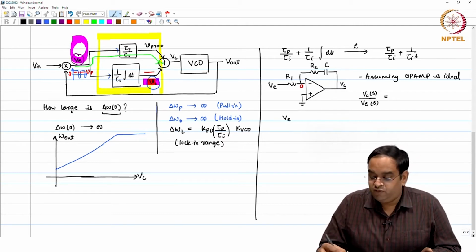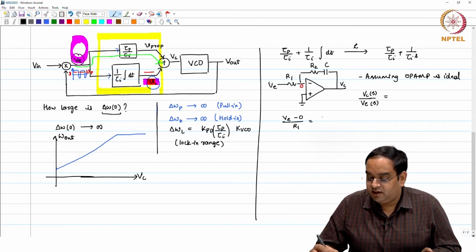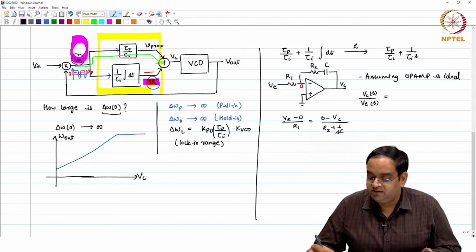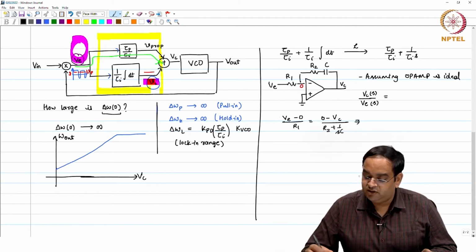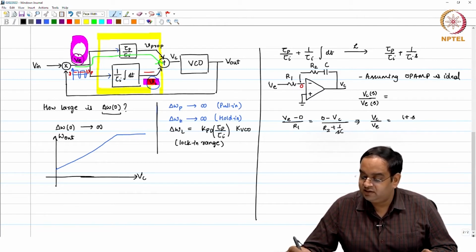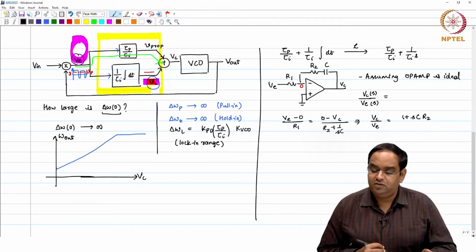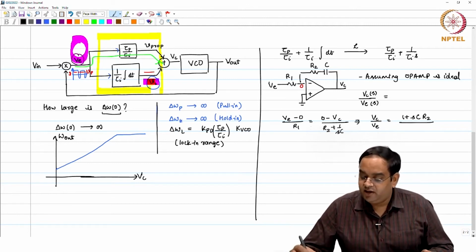So, you will have V error minus 0 divided by R1, that is 0 minus Vc divided by R2 plus 1 over Sc, which implies that Vc by V error is equal to minus 1 over Sc R2, divided by Sc R1.